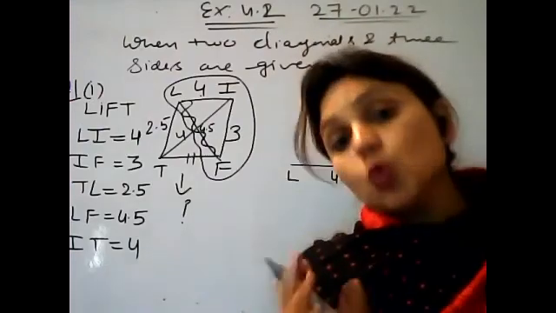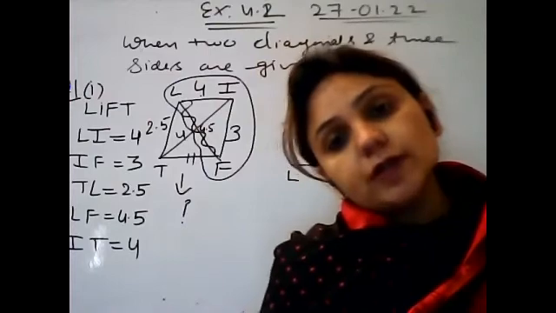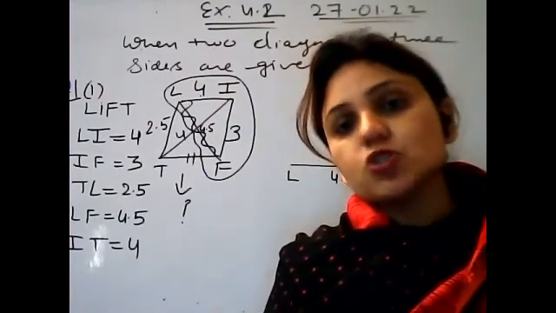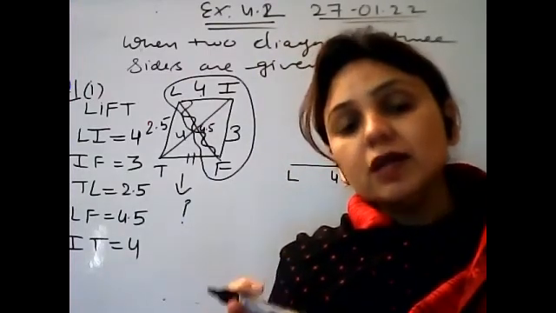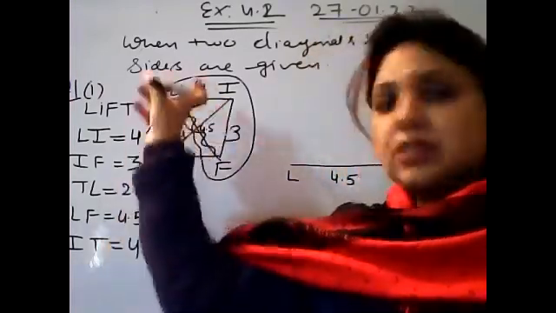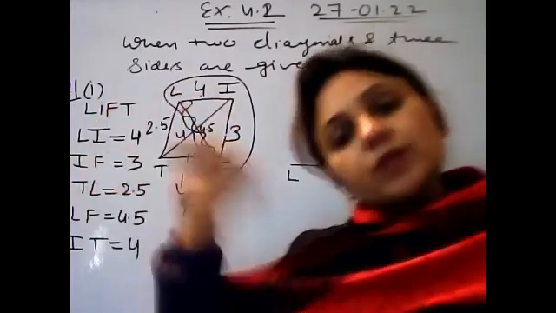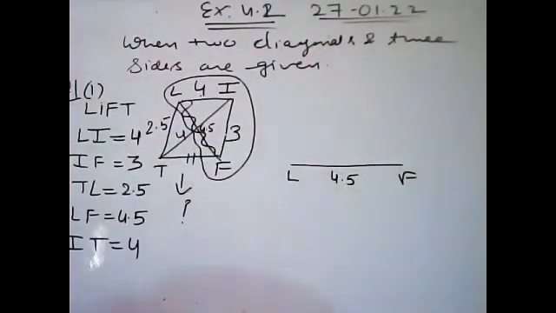Now two diagonals are given. This is up to you, with which diagonal you will start the construction. So we'll start the construction with that diagonal in which other two sides are given, or that triangle of the diagonal in which the two sides are given to us, as I'm making it. Right.